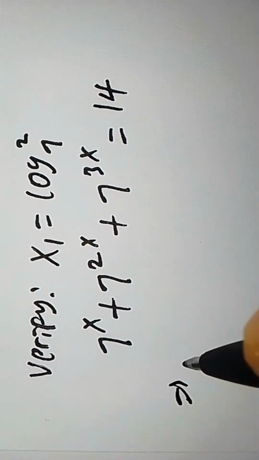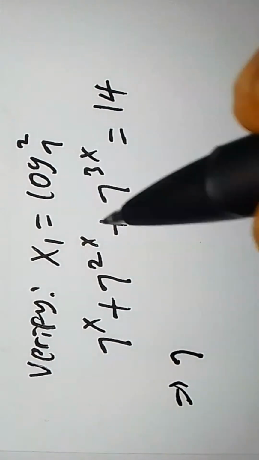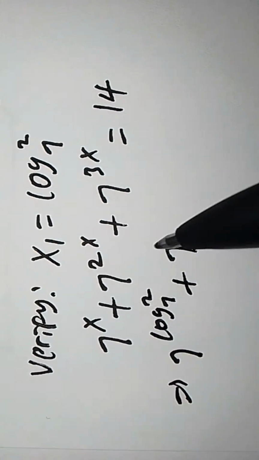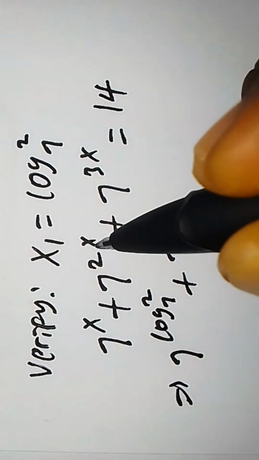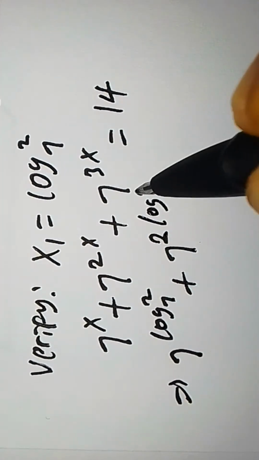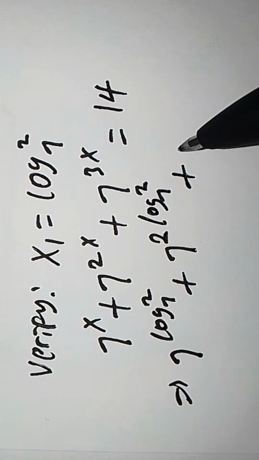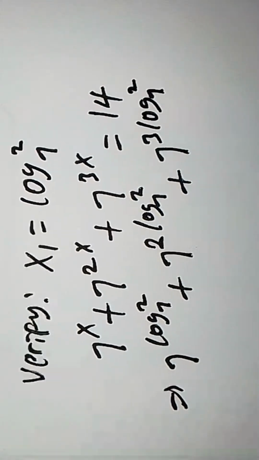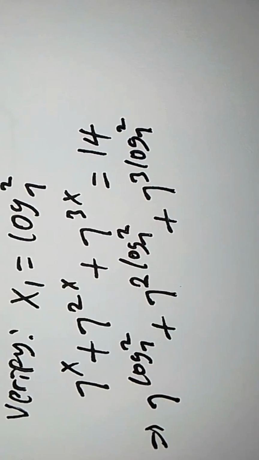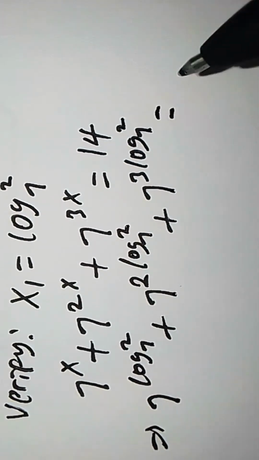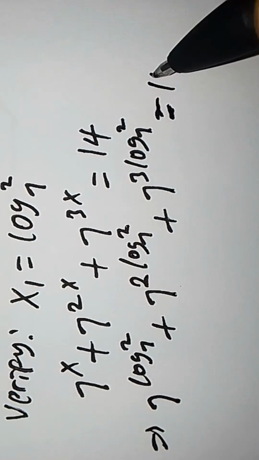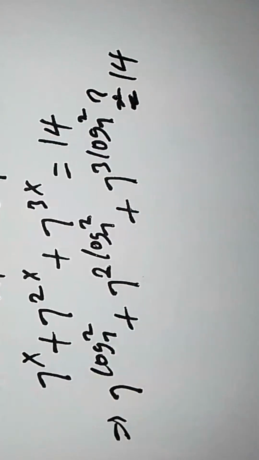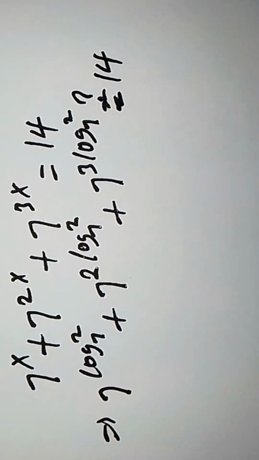This means that we have 7 raised to log 2 base 7 plus 7 raised to 2 times what is x? x is log 2 base 7, plus 7 raised to 3 log 2 base 7. And you just want to show that this is actually equal to 14. Let us put a question mark here. Let's proceed further.